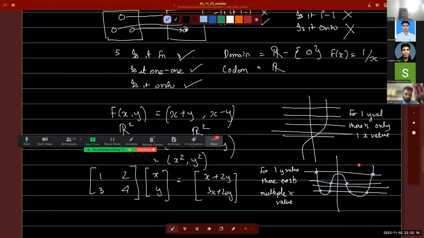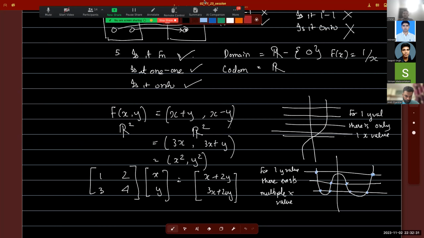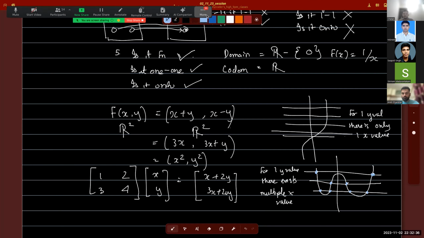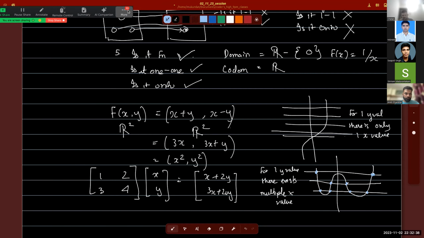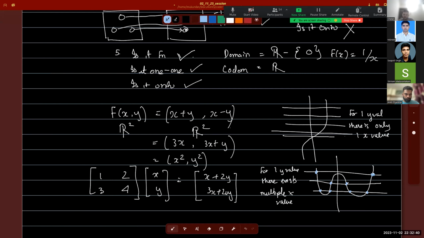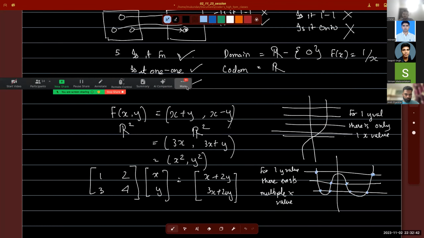All we are doing is just checking if two different inputs are giving me the same output or not. If they are giving me the same output, then it's not a one-to-one function. But if they are giving me unique outputs, then it's a one-to-one function.